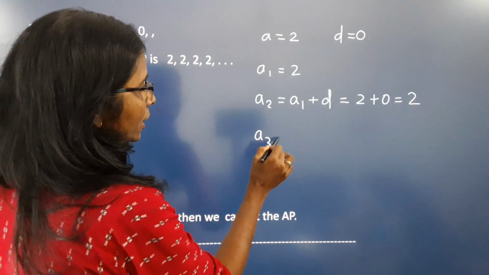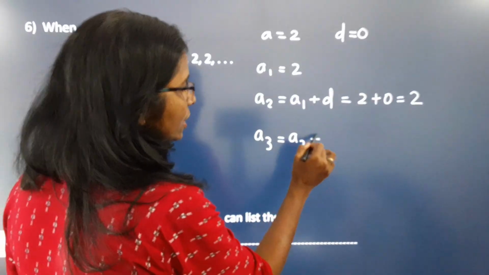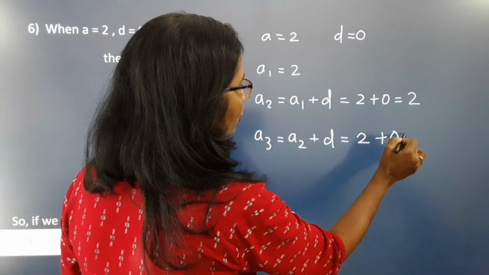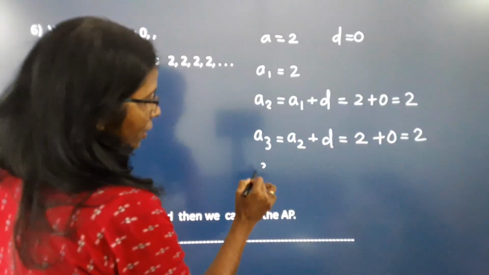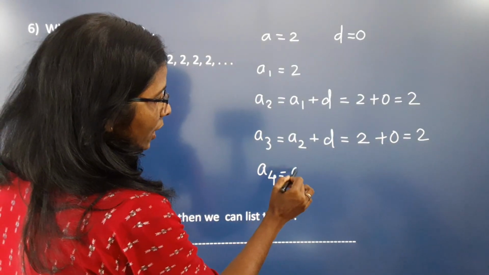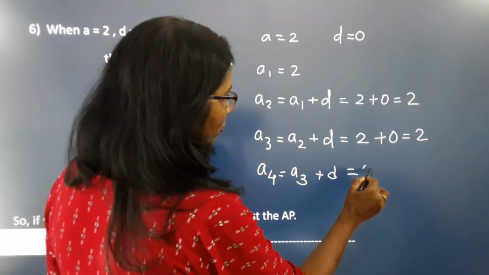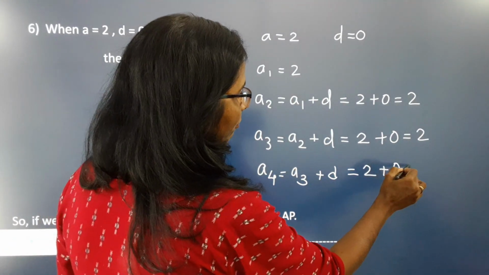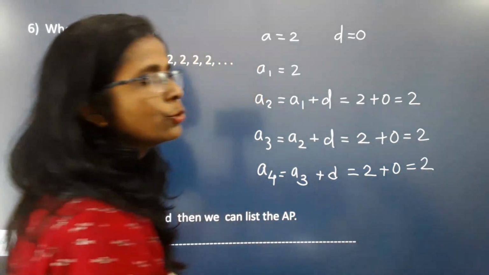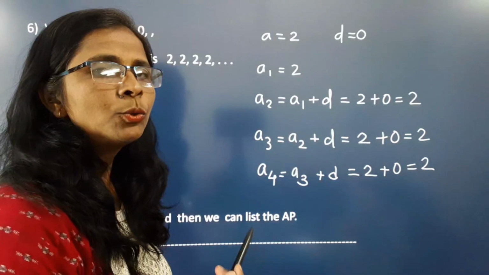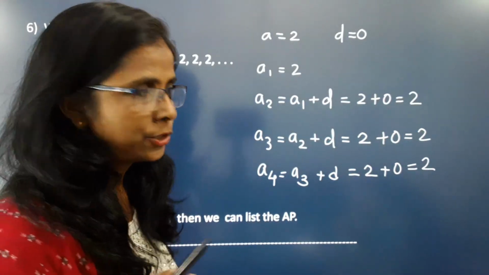Now A3 is equal to A2 plus D which is equal to 2 plus 0, that means equal to 2. A4 is equal to A3 plus D. So students, here we always get the value as 2. So here terms are 2, 2, 2. That means our AP is 2, 2, 2, and so on.